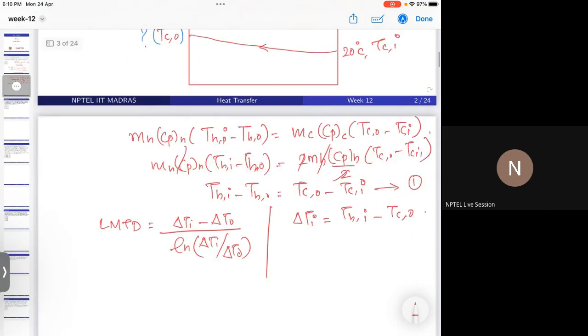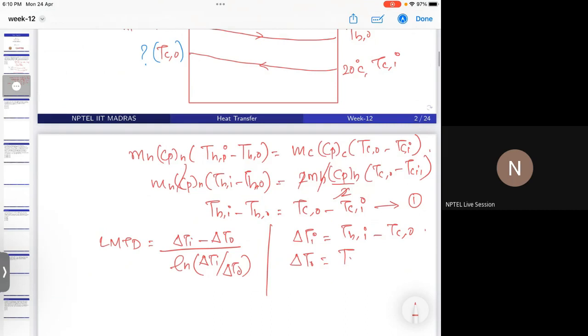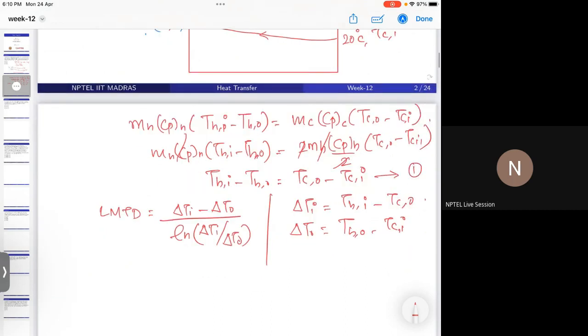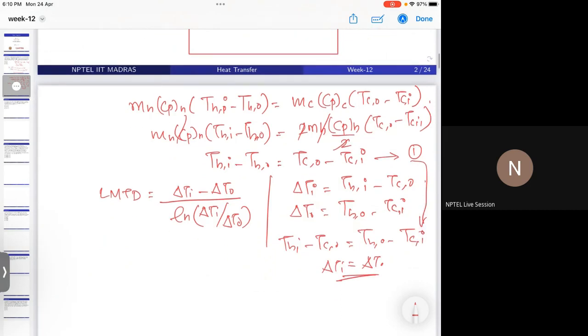And delta To is THO minus TCI. From the equation, if you rearrange, you get THI minus TCO equal to THO minus TCI, so both become the same. So in this case, the LMTD is not defined.